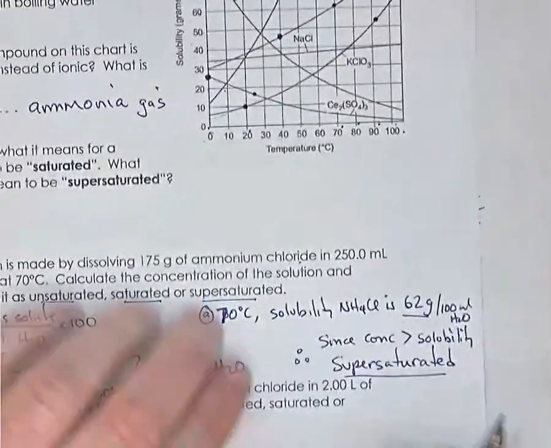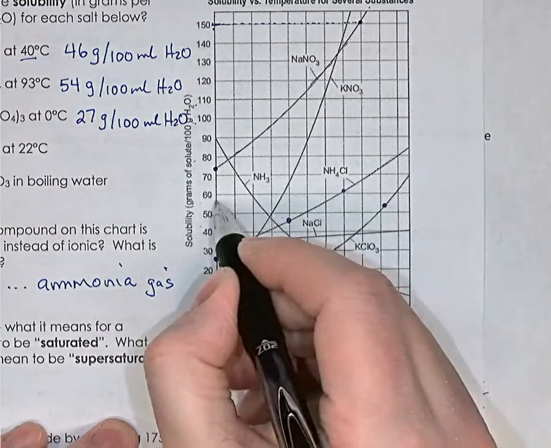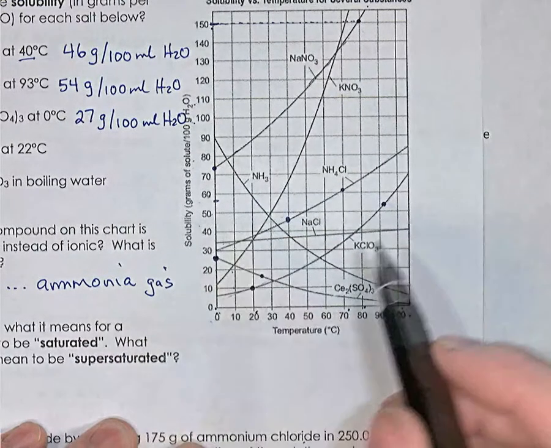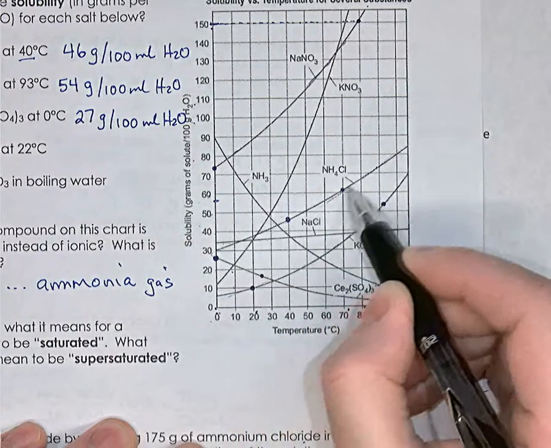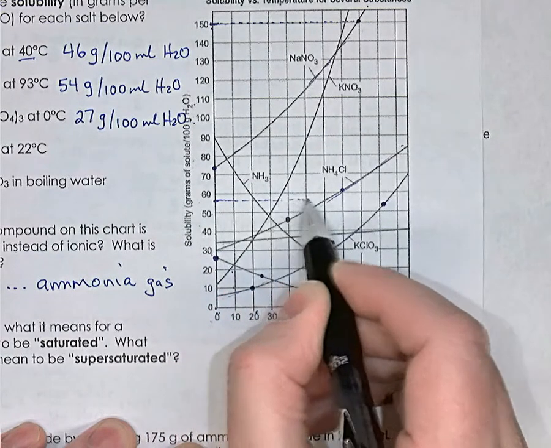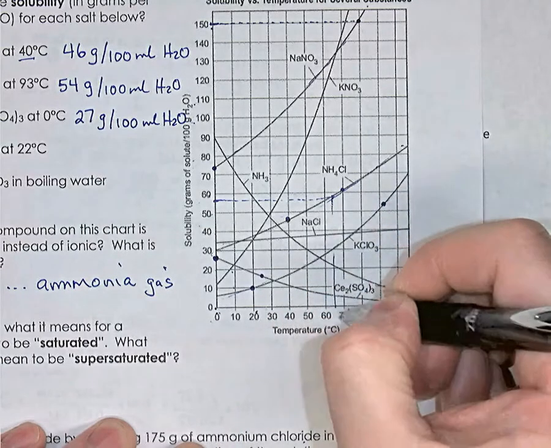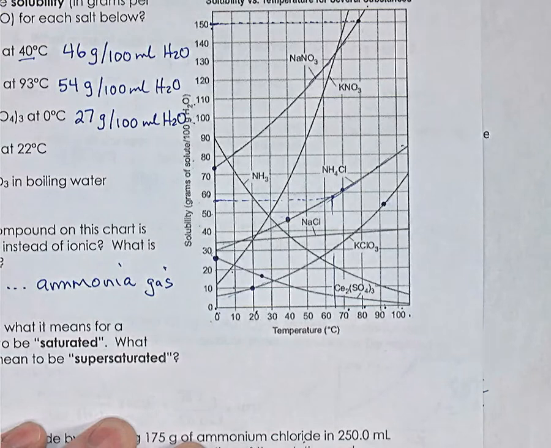So let's take a look at the graph. 57 would be approximately here, and the ammonium chloride curve is this one over here. So going straight over to the ammonium chloride curve, and then straight down, we're between 60 and 70. It's pretty much halfway, maybe slightly less.